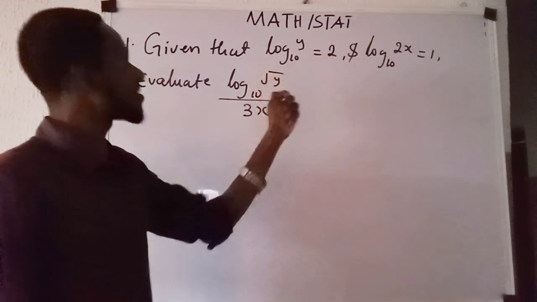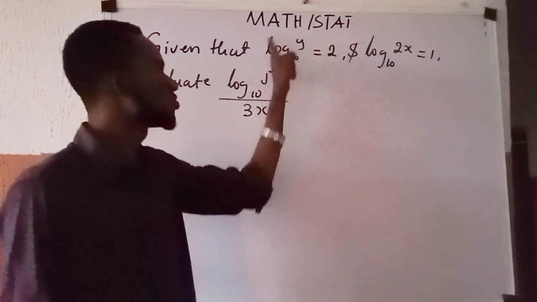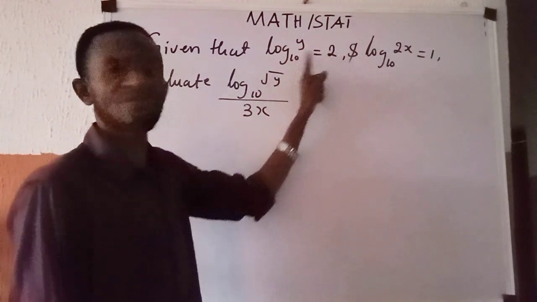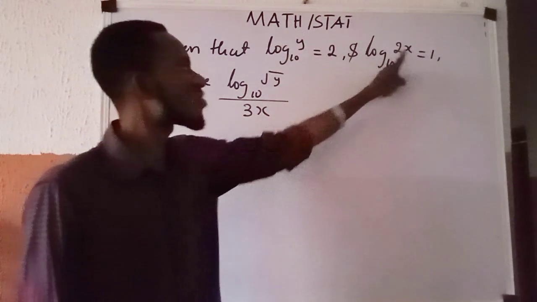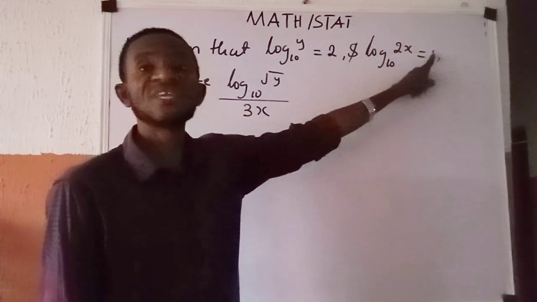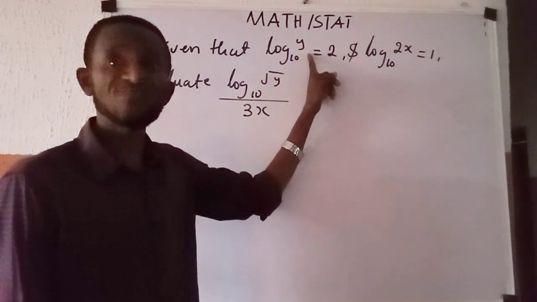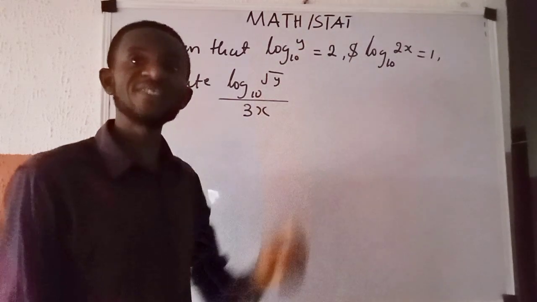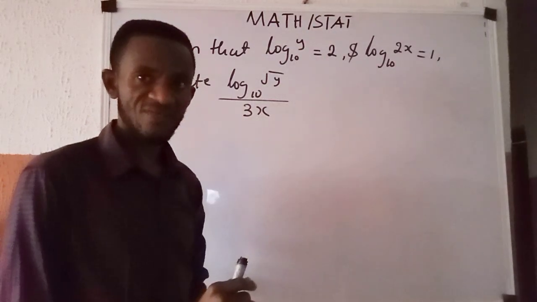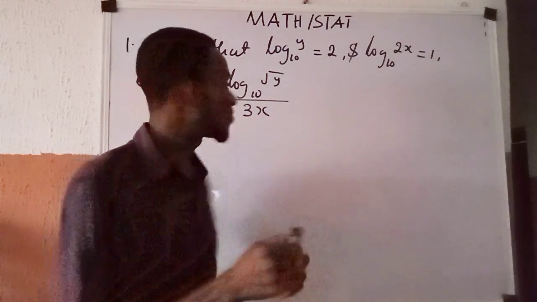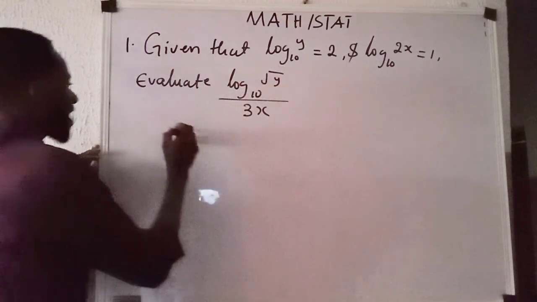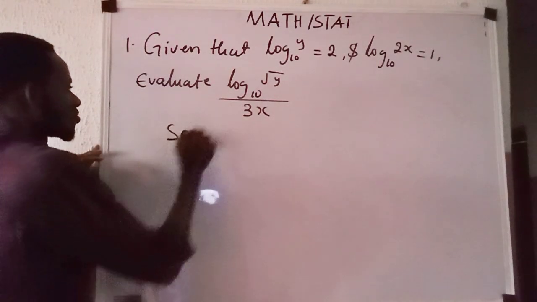And the necessary transformation needed for us to do in log y base 10 being equal to 2 and log 2x base 10 being equal to 1 is to transform these from logarithms into their indices equivalents. And I do remind you, by way of solution.